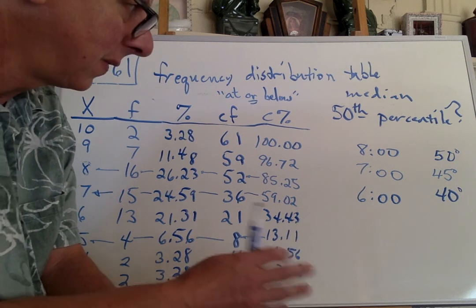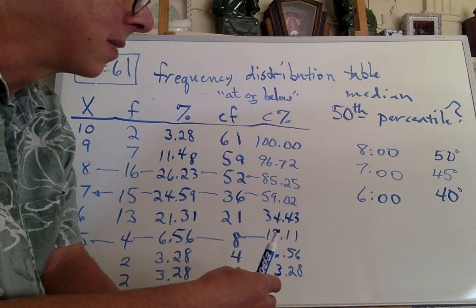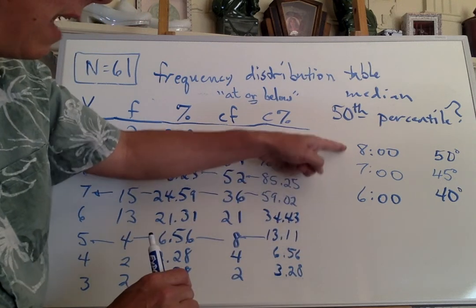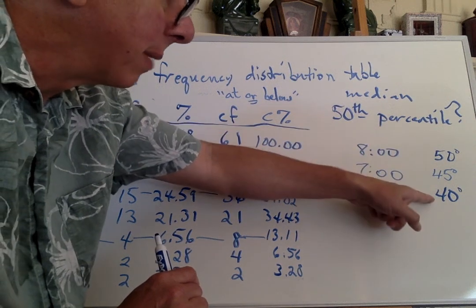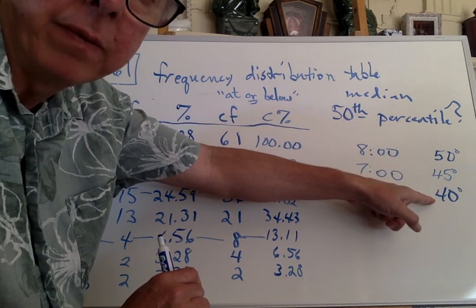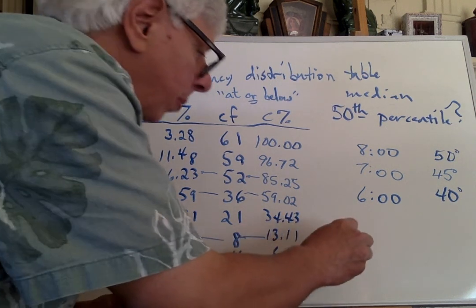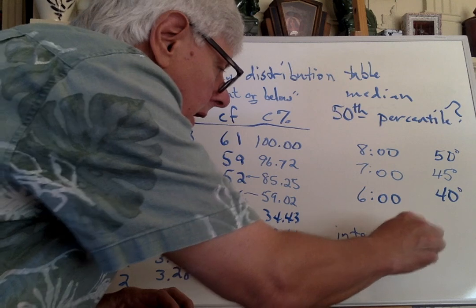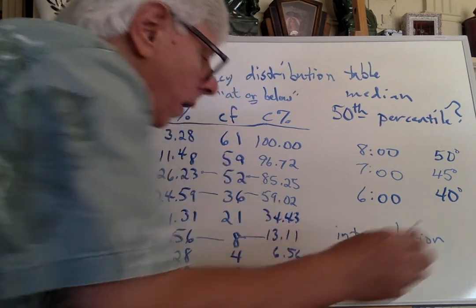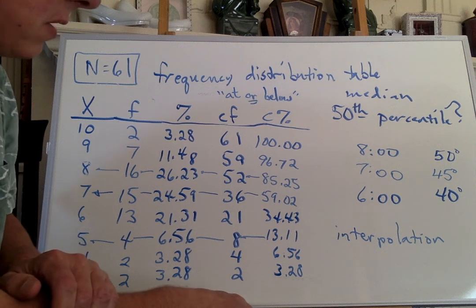However, this is not just a stab in the dark. This is not just a wild guess based on nothing. I was halfway in between here, so I'm going to go halfway in between here. Okay? And this is called interpolation. Here's a word that scares people sometimes, but what does it mean?